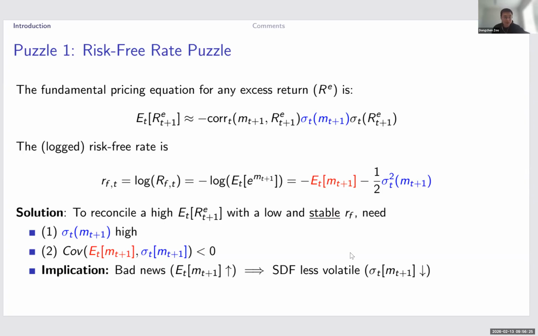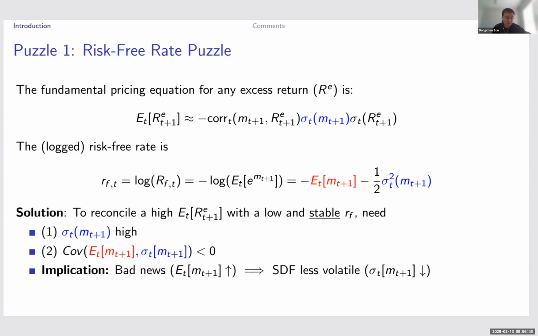At the same time, we see that the risk-free rate is too high, because we don't have much variation in the SDF. To reconcile this, we have a couple of models of disaster risk, habit, and long-run risk, to try to reconcile a high equity risk premium with a low and stable risk-free rate.